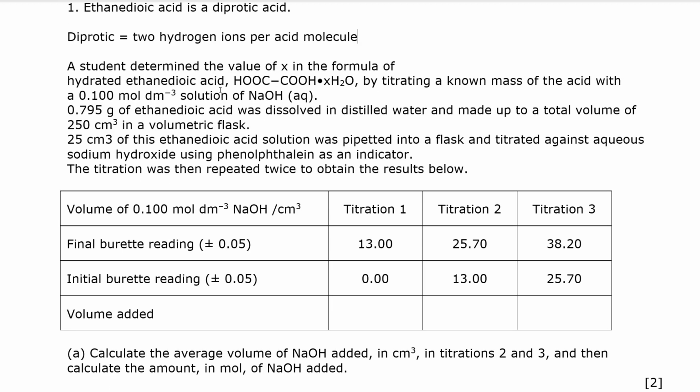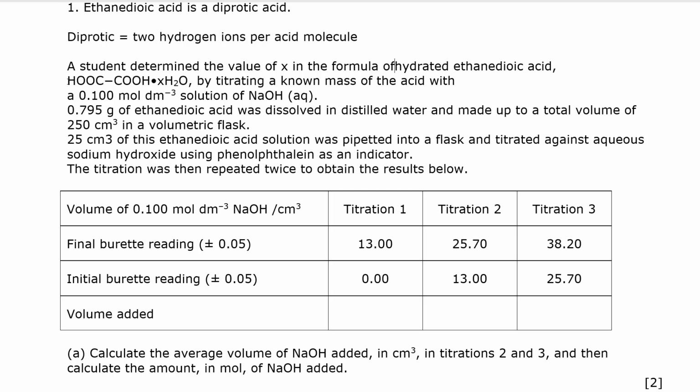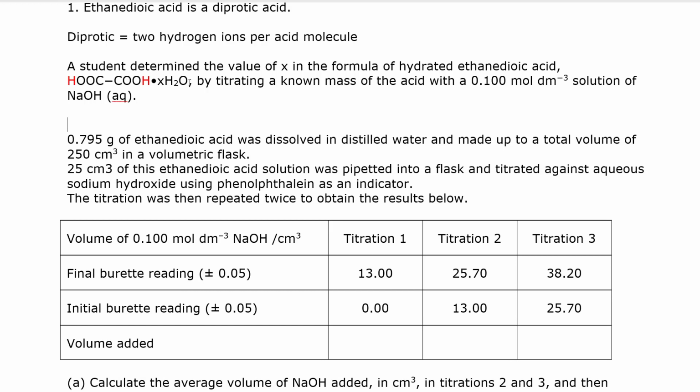So that means, and there you can see them, the student is determining the volume of hydrated ethanoic acid, and there are the two acidic hydrogens. I want to just paint them red to show you these are the two hydrogen ions that are lost when the acid reacts with the solution of sodium hydroxide. So let's just put this down to show the actual reaction.